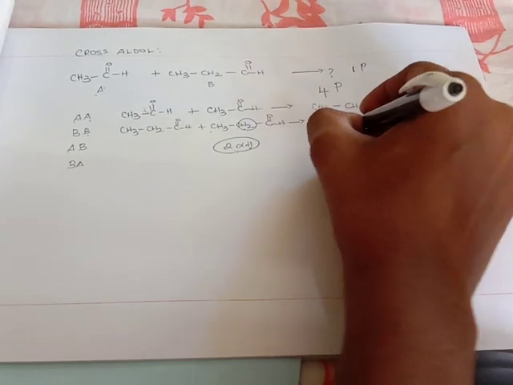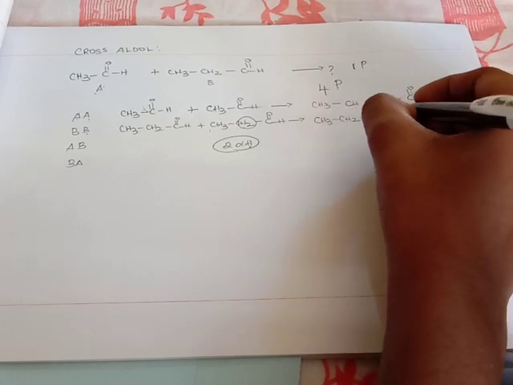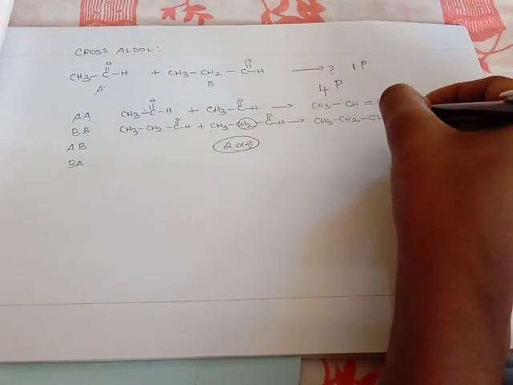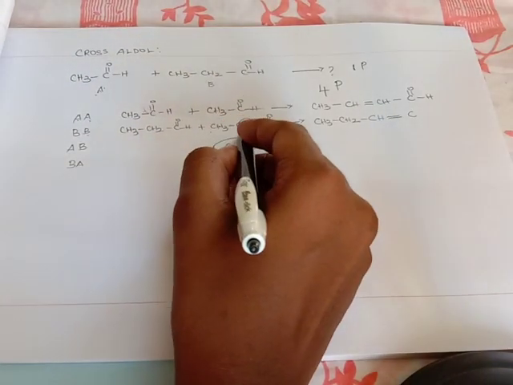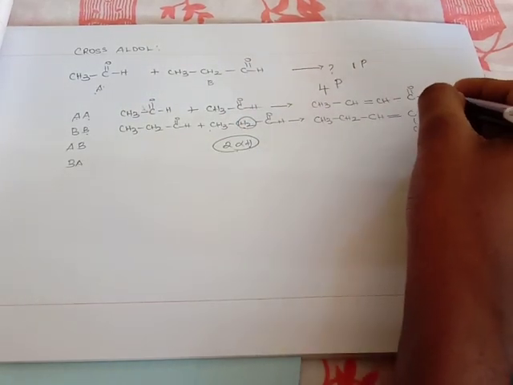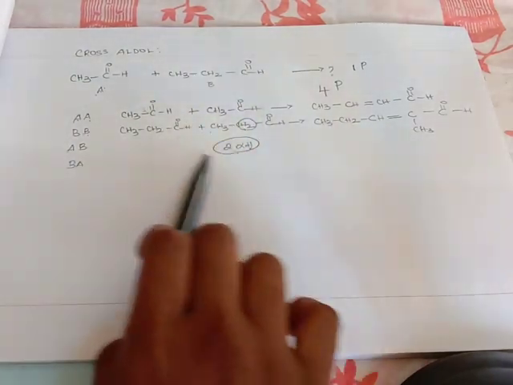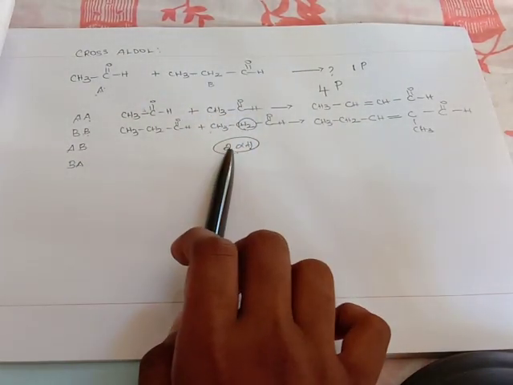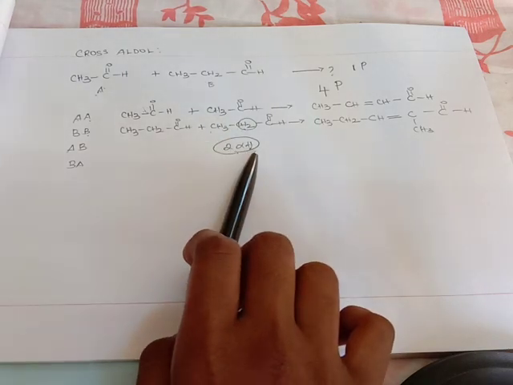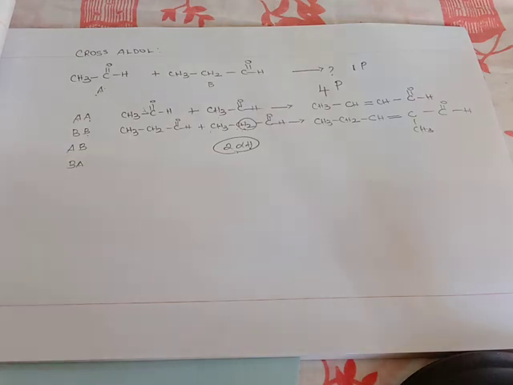CH3CH2CH=, here you have removed 2, so only one carbon will be here, and this is linked to this carbon. Put that CH3 here, CHO. This is your product. Make sure you note this point in your notebook so that it will be helpful to write the products without any mistake.